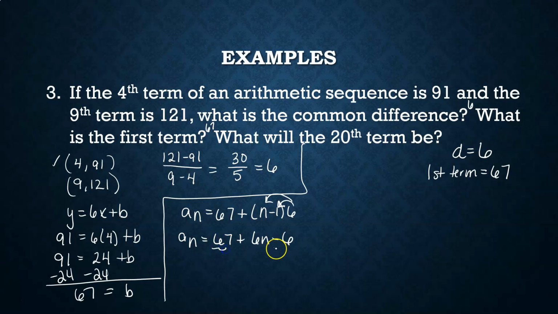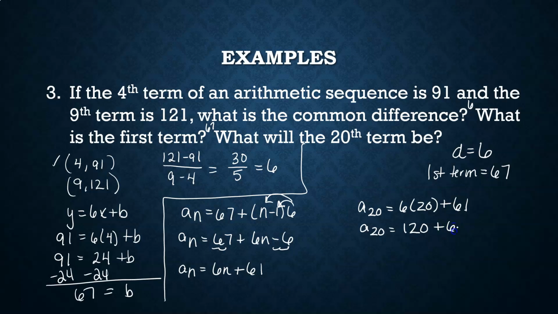So when I combine these two, I have a sub n equals 6n plus 61. There's my formula. Now all I need to do is put my 20 in for n. So I have a sub 20 equals 120 plus 61. So my 20th term is 181.